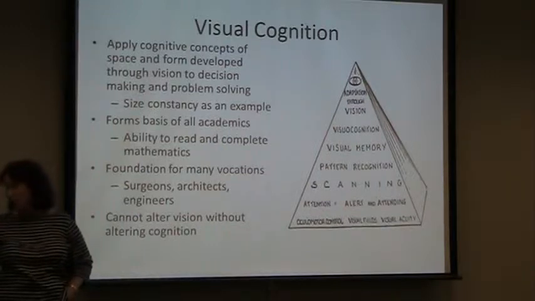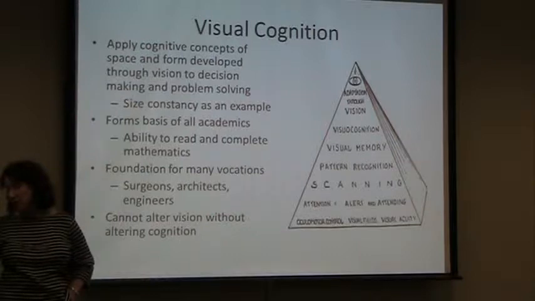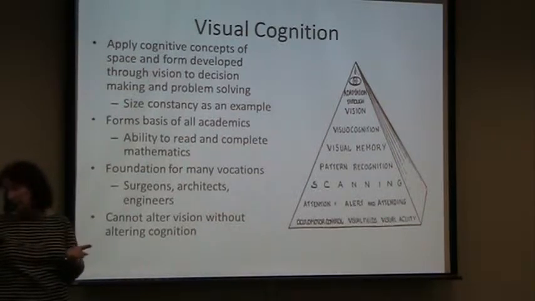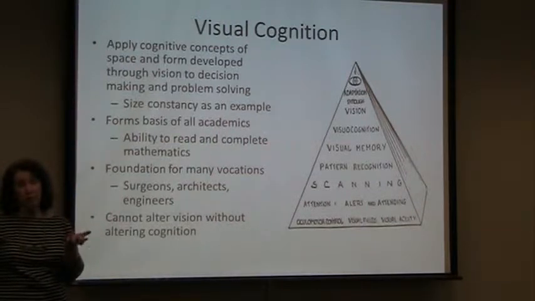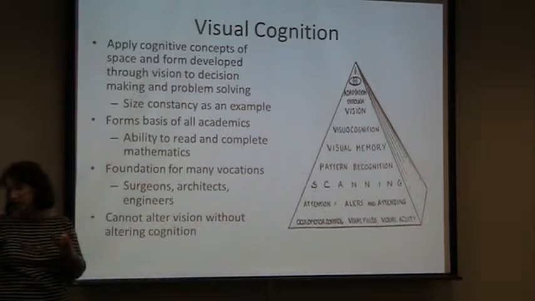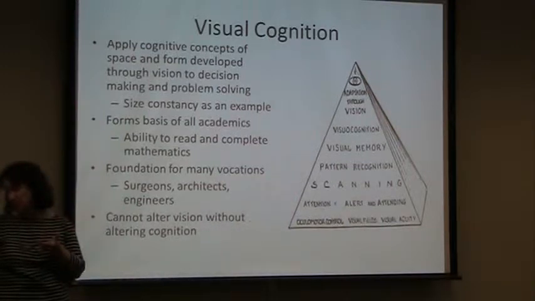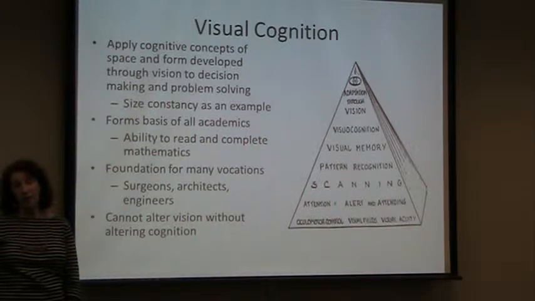Right, okay. So academics: visual cognition gives you the ability to read, to do mathematics, and is a foundation for many vocations, surgery, architects, engineers. Anybody think of any others?